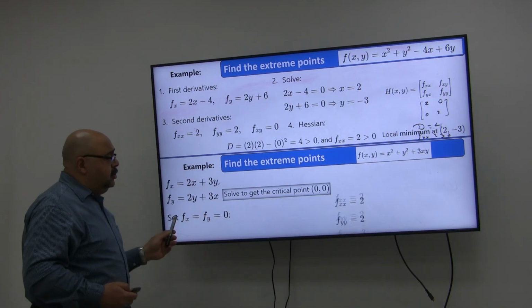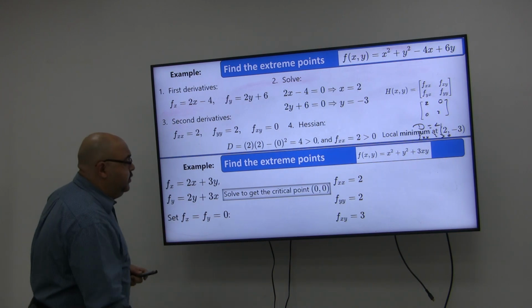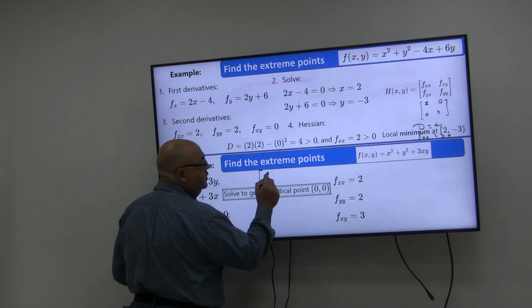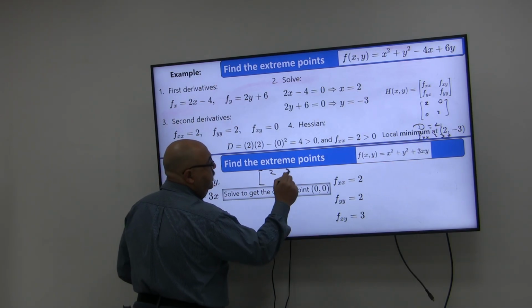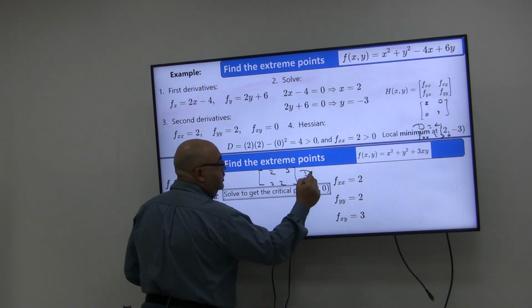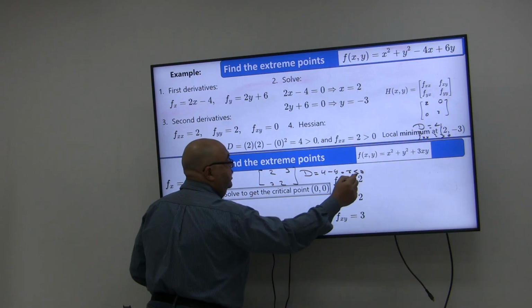The second step, I will put the first and the second equal to zero, and then I will find the second derivatives. The second derivatives will help me in the Hessian matrix, which is going to be 2 and 2 on the diagonal, and 3 and 3 off the diagonal. So D in this case is going to equal 4 minus 9, which is negative 5, less than 0.